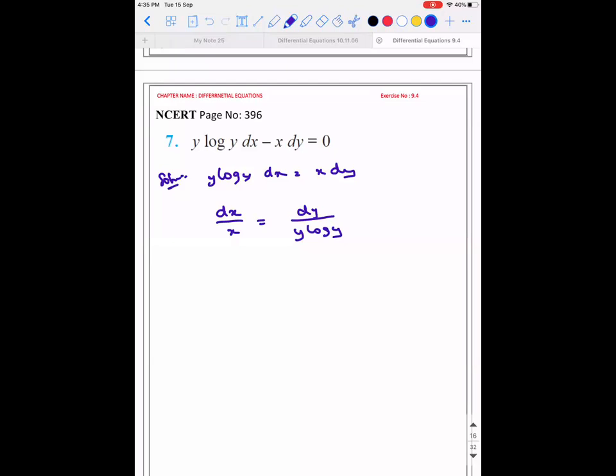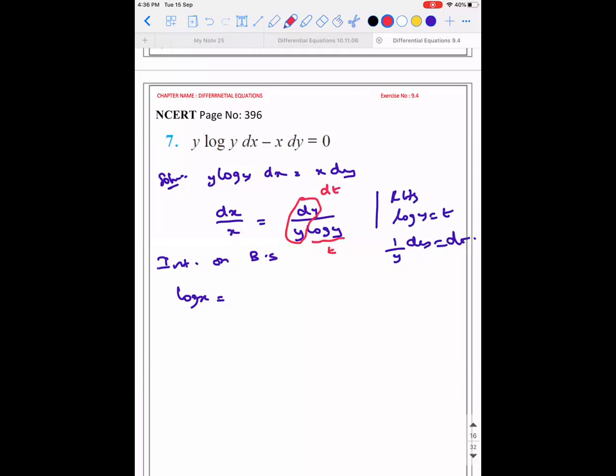Now, see, left hand side is easy. Integrating, you get log x. But how will you deal with the right hand side? Log y as t, sir. You take log y as t. So for right hand side, you take log y is equal to t, then 1 by y into dy will be equal to dt. Means dy by y can be taken as dt and log y will be t.